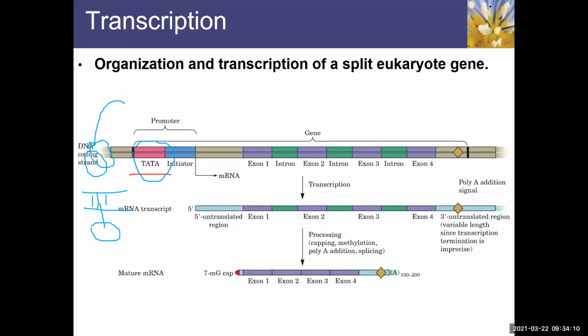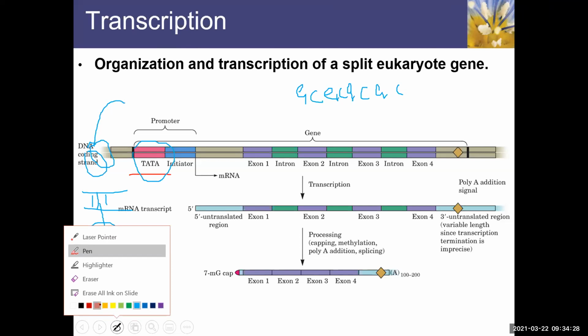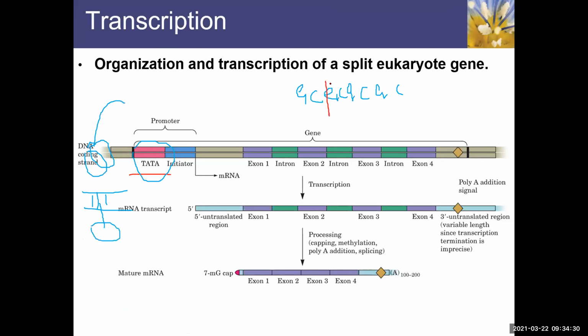And then there's something also called response elements. For example, if this is a sequence on my DNA, GC, right? There might be a short sequence which is called a response element.